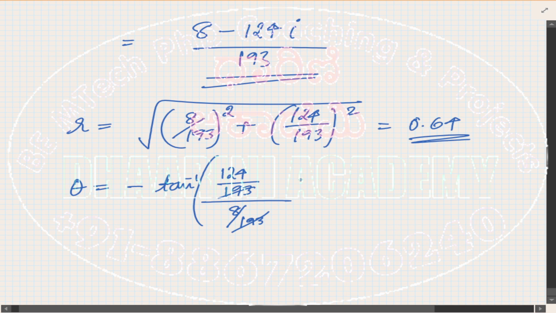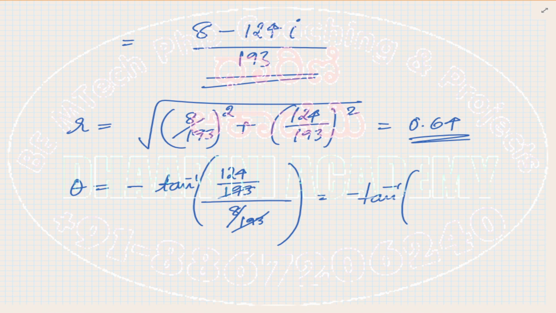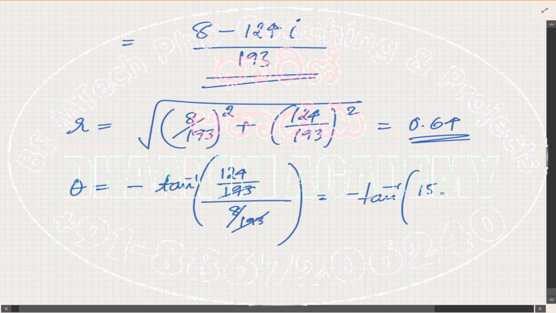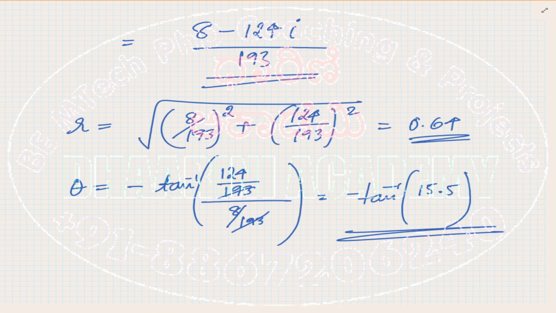The 193 will cancel. So this is minus tan inverse of, what is the simplified answer? 8 and 124. This value is 15.5. You can leave it like that, you don't have to simplify, right? Okay.